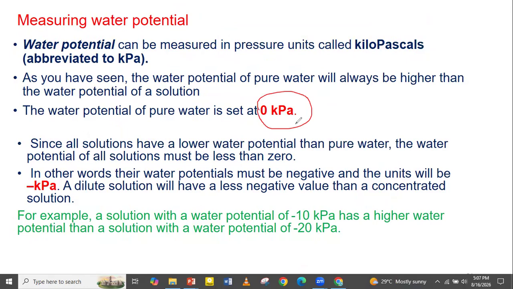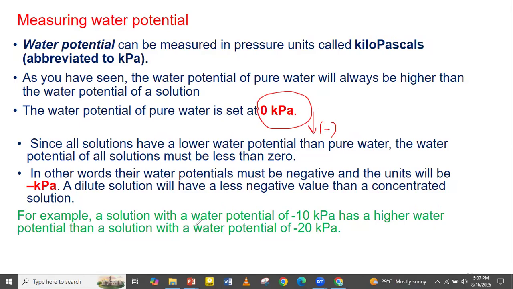This is the highest water potential. So any other solution is going to have a lower water potential, which is going to be in negatives. So the more negative the water potential, the lower the water potential of that solution.